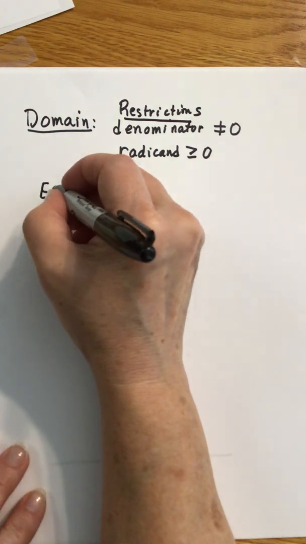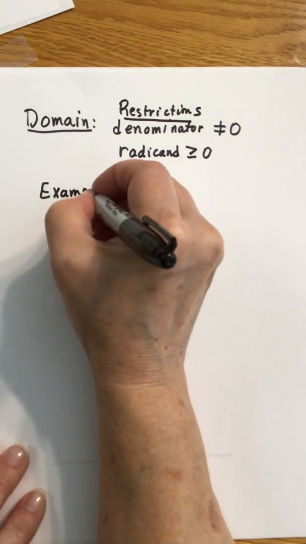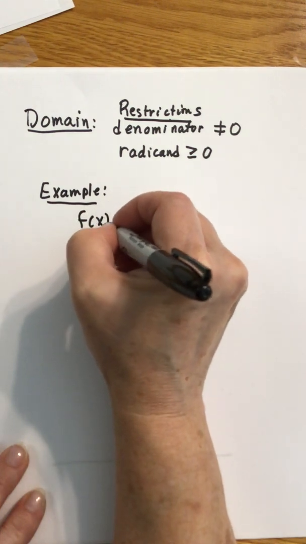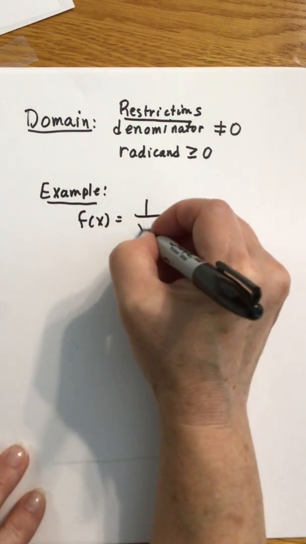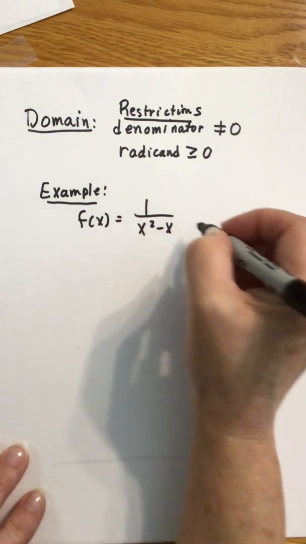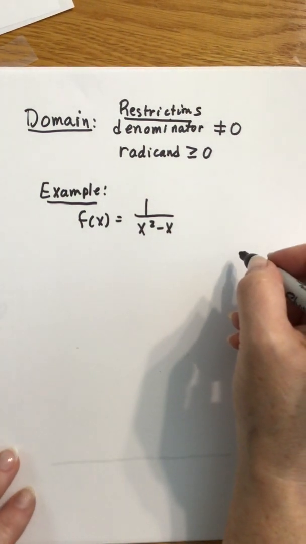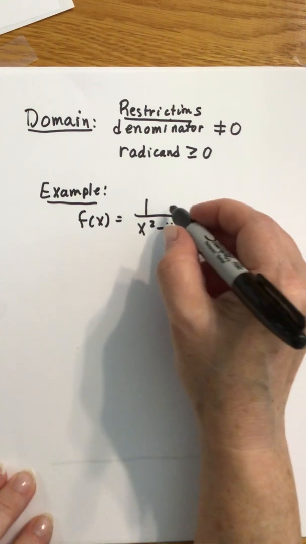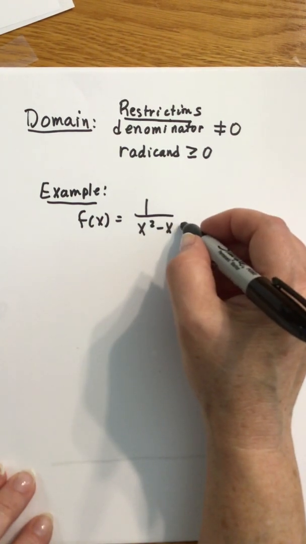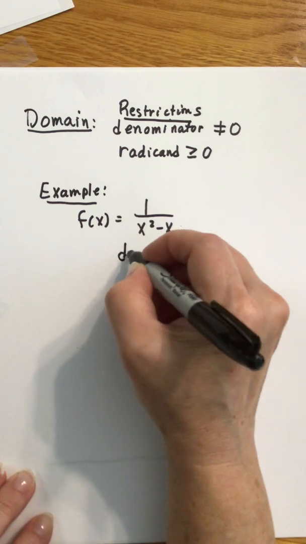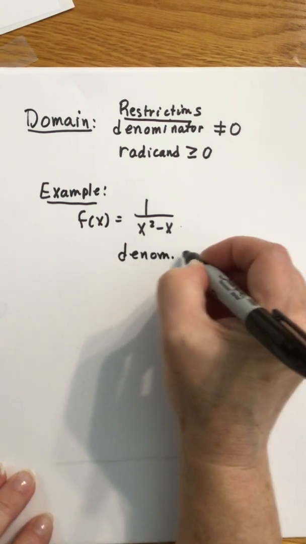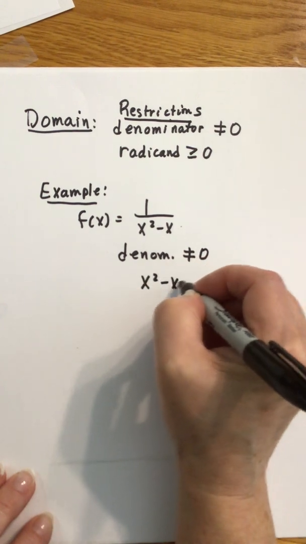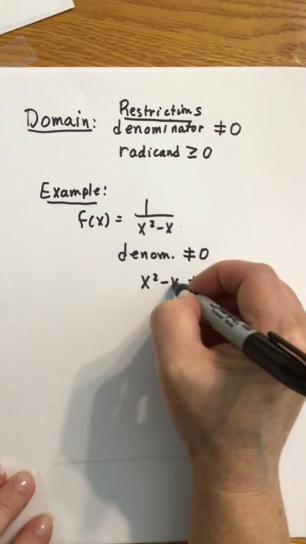So we have an example for a domain. F of x equals 1 over x squared minus x. So in this one, we do have a fraction, so we do have a denominator. Here's our numerator and here's our denominator. So denominator cannot equal 0. So x squared minus x cannot be 0.